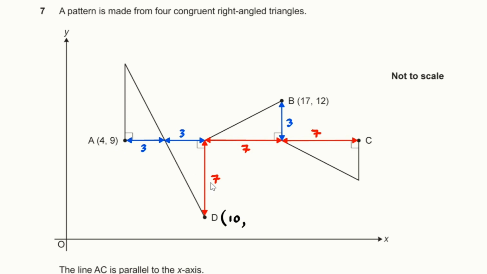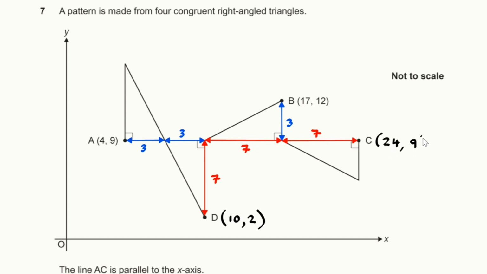And then 9 take away the 7 is 2. Next, to find the coordinates of C, the y coordinate will remain the same, AC is parallel to the x-axis. But for the x coordinate of C, 4 plus 3 plus 3 plus 7 plus 7, that's 24.